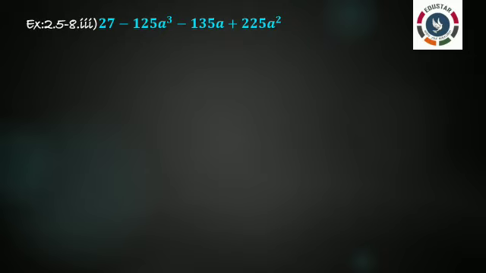So which identity can we use here? The seventh identity: (x minus y) the whole cube is equal to x cube minus y cube minus 3x square y plus 3xy square. On comparing this identity with the given expression, in place of x cube we have 3 cube and in place of y cube we have (5a) the whole cube.